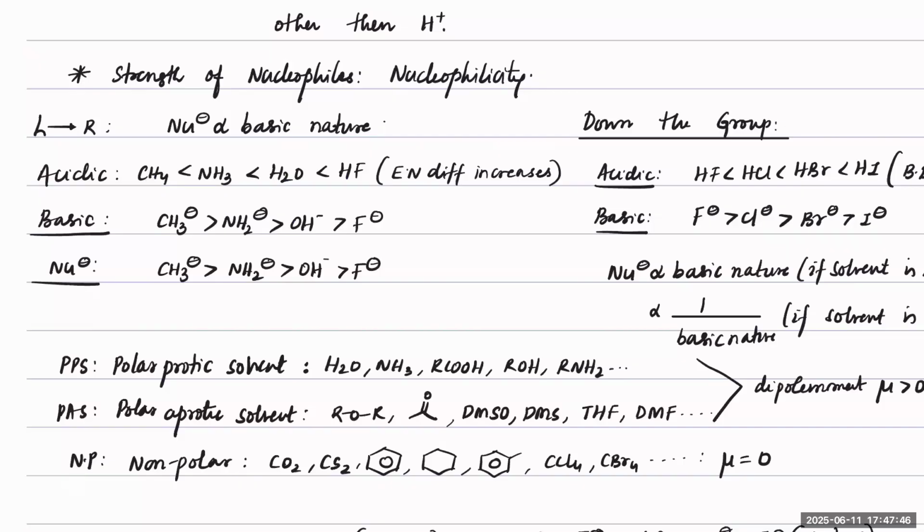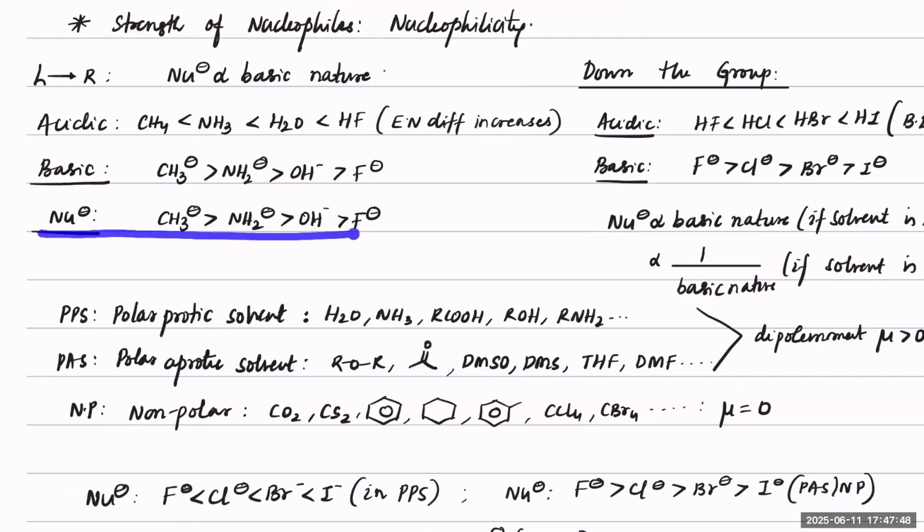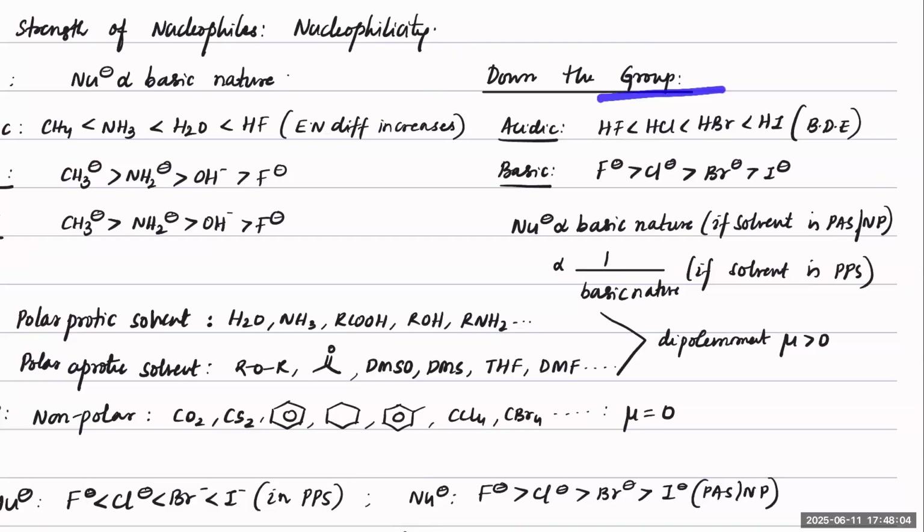Then what will happen to the nucleophilic strength? Nucleophilic strength follows the same as the basic character. That's why CH3 minus is a strong nucleophile, then NH2 minus, OH minus, and lastly F minus. But when you go down the group, you know that acidic character increases down the group. HI is a stronger acid than HBr, HCl, and HF. Here you will not compare electronegativity difference, rather you will compare bond dissociation energy.